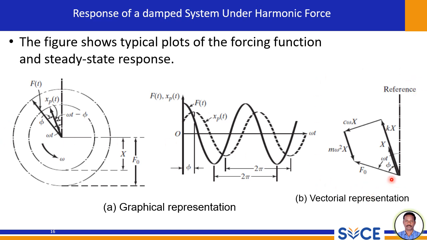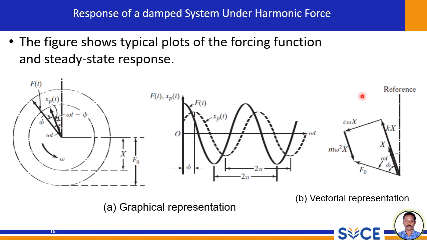F naught represents the forcing function, capital X represents the steady state response, and the angle between F naught and X is the phase angle. The vector kX represents the spring force, which is in phase with the displacement.